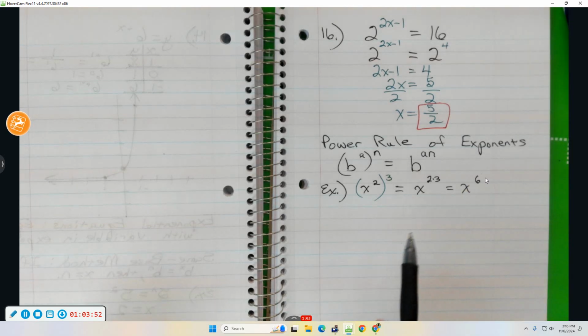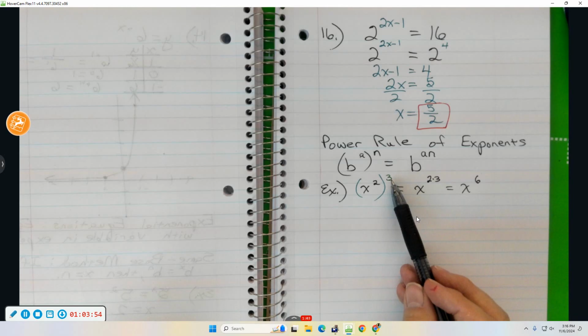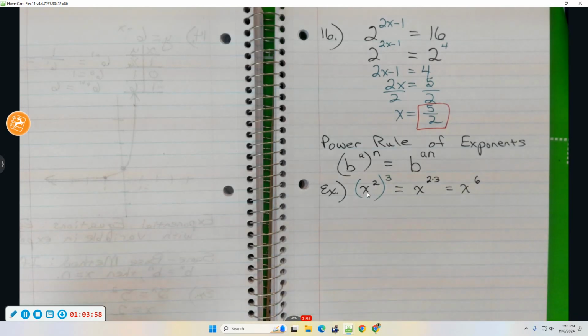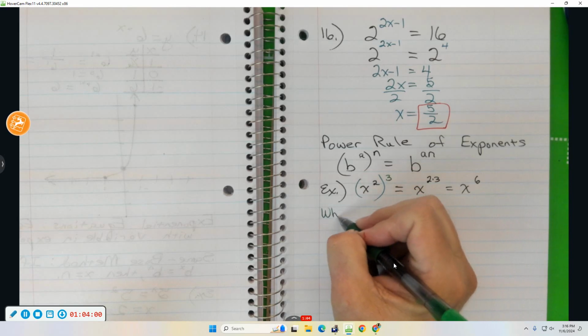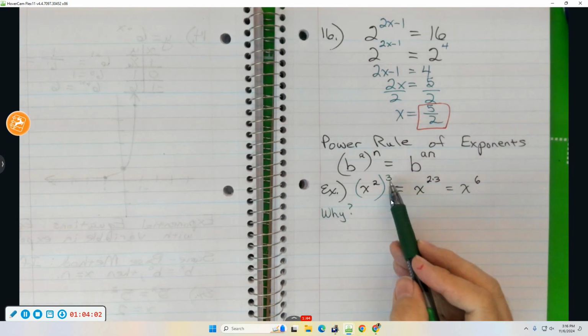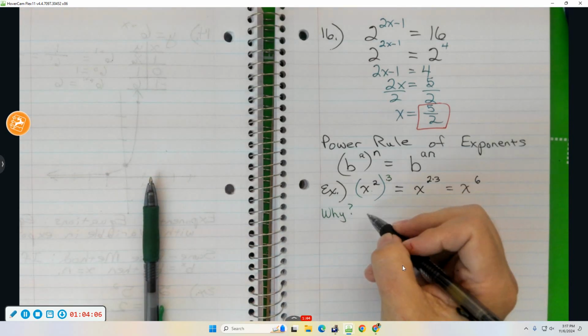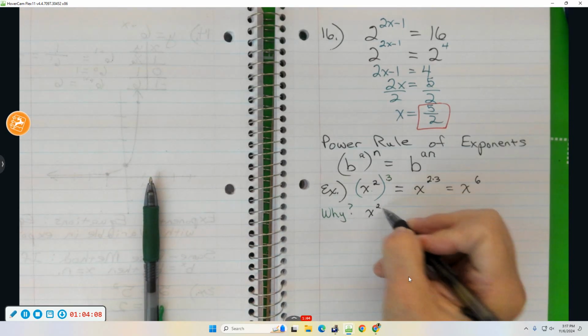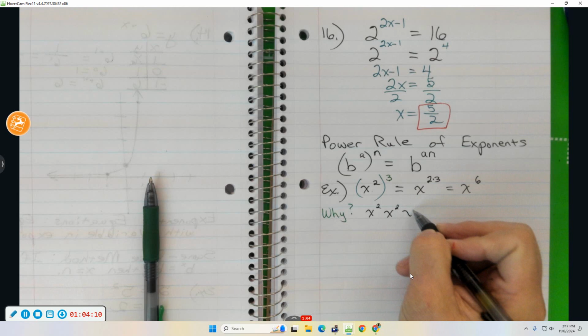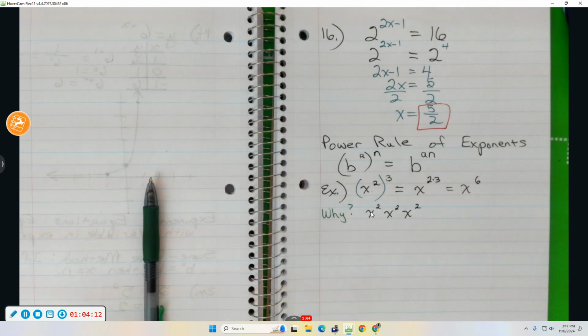Now, why is that the case? This is saying you have 3 factors of x squared, that means 1, 2, 3. What does x squared mean?